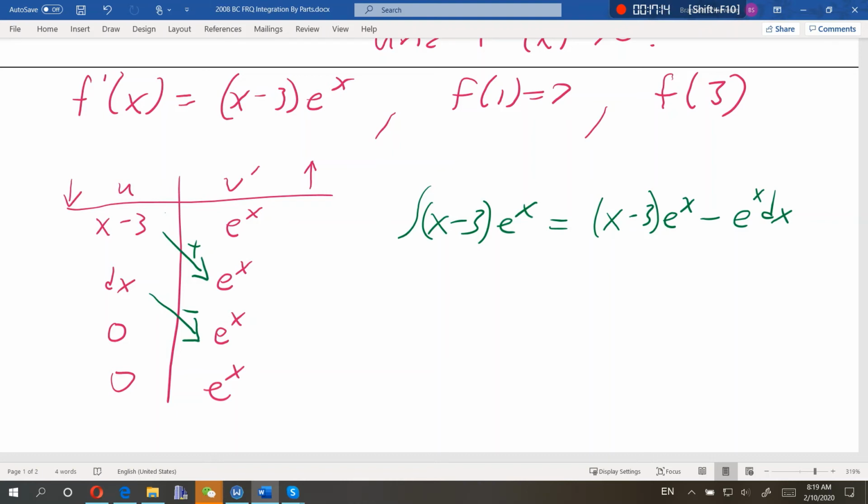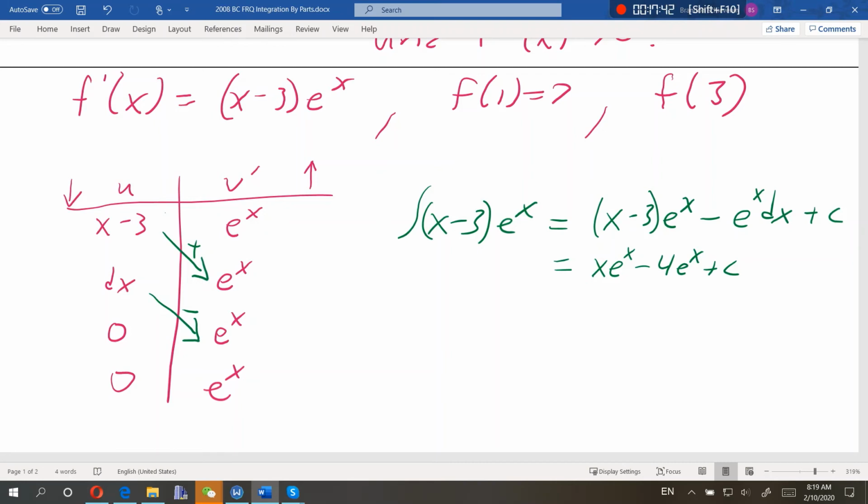If I simplify this, this will be x e to the x minus 3 e to the x minus e to the x. So that'll be x e to the x minus 4 e to the x, plus c. We plug in 1 to find c.